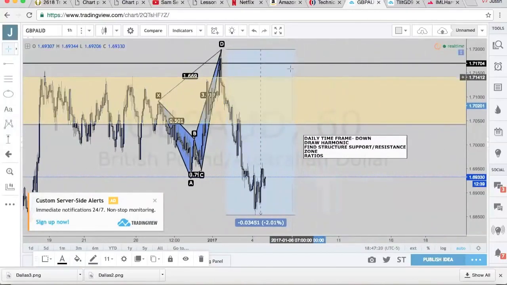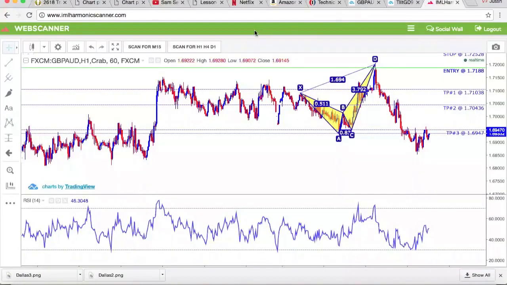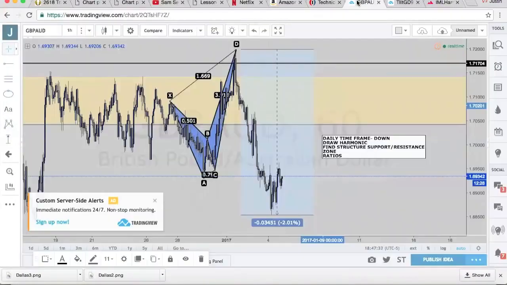So 350 pip move. With that, guys, I hope this video can help you really learn how to utilize the scanner more and really find those points of entry in the right trades. Because it's very important to understand structure.